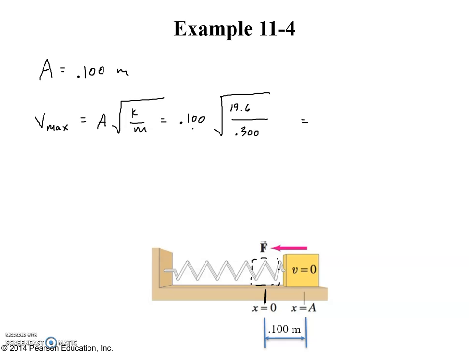Okay, so the maximum velocity is 0.100 times the square root of 19.6 divided by 0.300, and that should work out to be 0.808 meters per second. That's the maximum velocity that the box is going to have at the point where the spring is in its relaxed position.